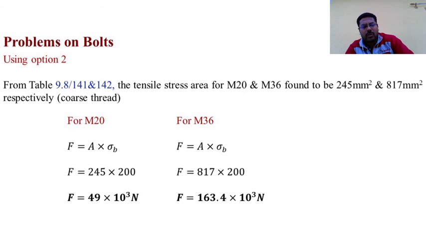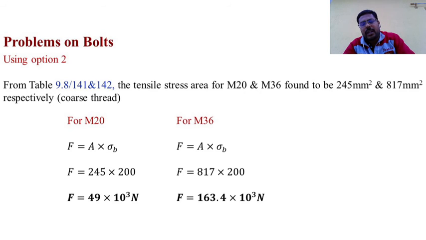Therefore force is equal to area into sigma B. For metric thread number 20, F is equal to area, 245, into sigma B, 200. F is equal to 49.10 into 10 raised to power 3 newtons. This is the method of using the area. Already we have taken it from the data handbook, so directly we can solve the problem and find the value of F.